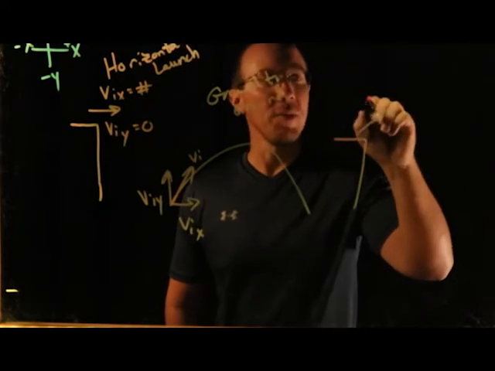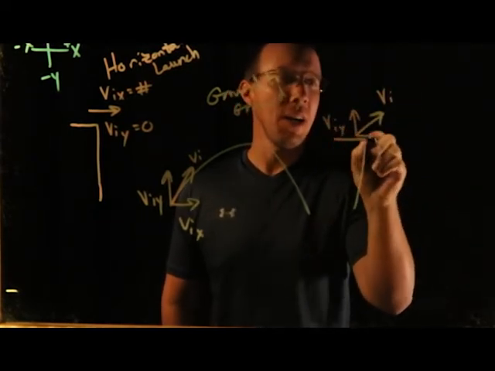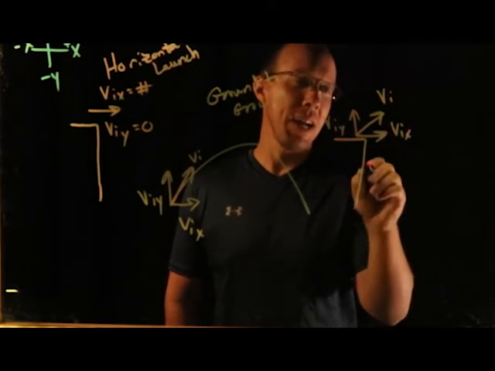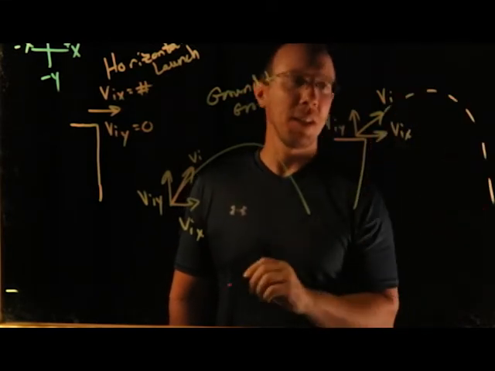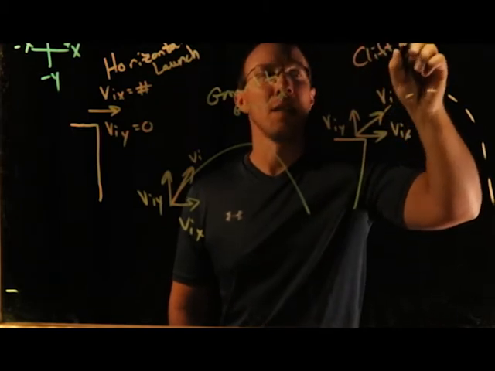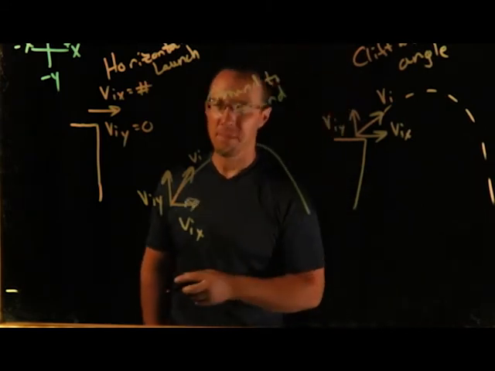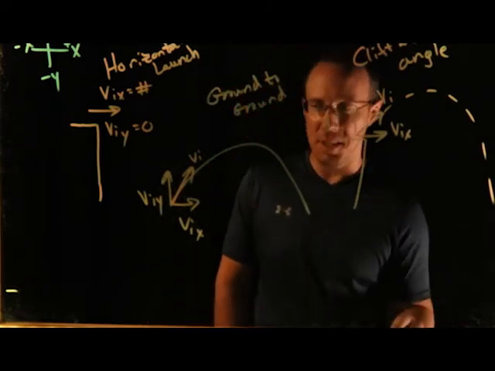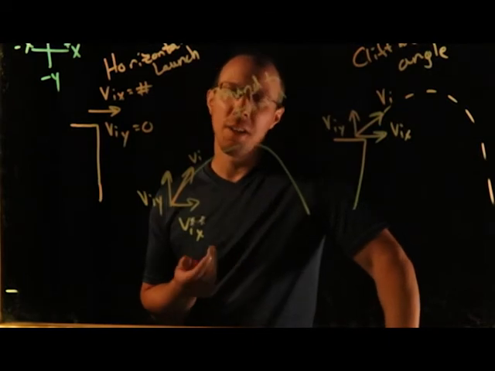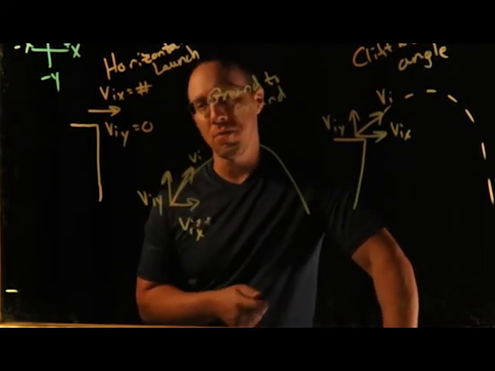These are the hardest ones, where we have an initial launch. Once again, we have to find VIY and VIX, but it's actually going to launch up off a cliff, so I don't know what I call that. Cliff at an angle, something like that. These are the most difficult. But those are our three types of launches, and our example problems in our homework sheets are going to focus on these three types.